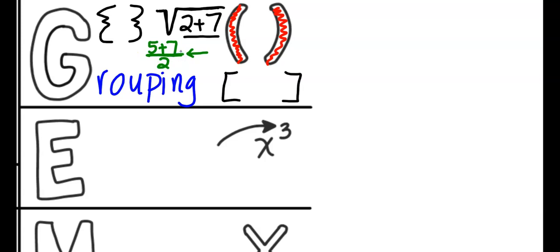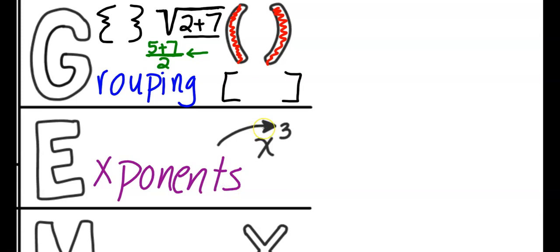So the fraction bar is actually a grouping symbol. So we would evaluate 5 plus 7 before we divide by 2. So now you can see we have several different grouping signs that you need to keep in mind when evaluating expressions.